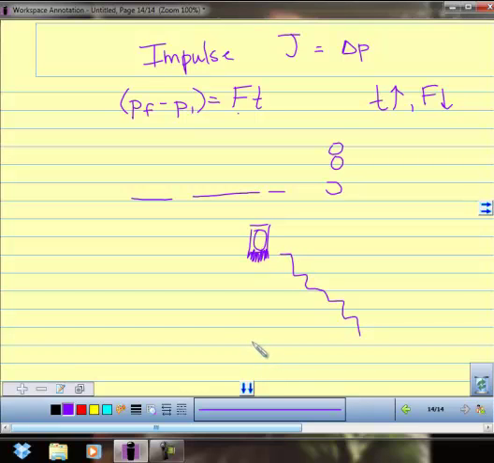A lot of times, if you drop something on grass or a blanket or anything that'll slow it down, it's still going to have that same change of momentum, but it's not going to have as much force applied to it because that time period is greater, causing less impact.